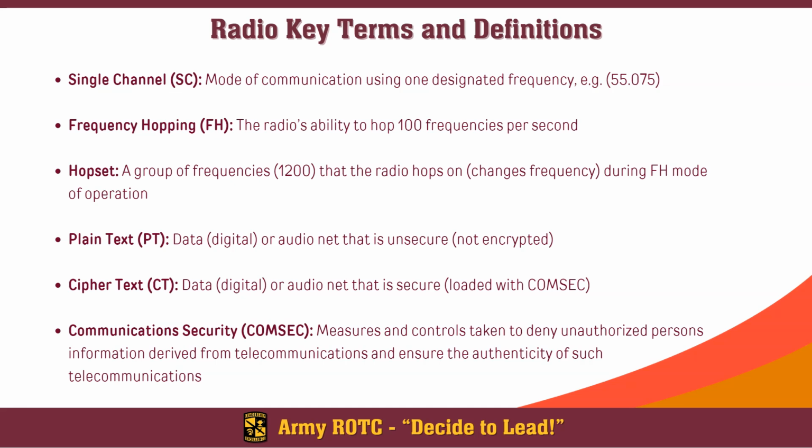And that brings us into that last one there, which is communication security: measures and controls that are taken to deny unauthorized persons information derived from our telecommunications and ensure the authenticity of such telecommunications. Essentially, it's just locking down our stuff, making sure that the bad guys can't hack into it, make sure that they're not able to get certain information, and even the good guys that don't need to know. So that's where ComSec comes into play, or communication security.